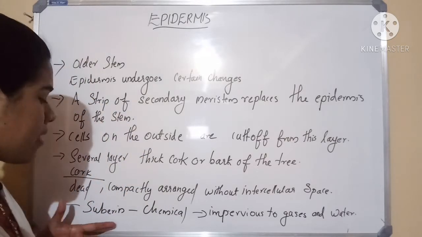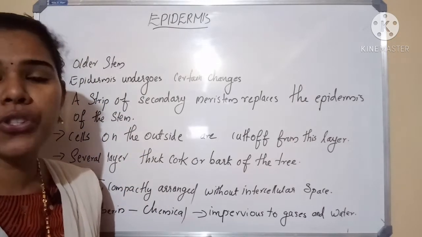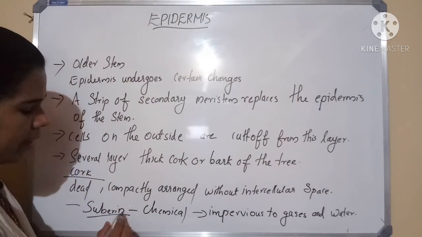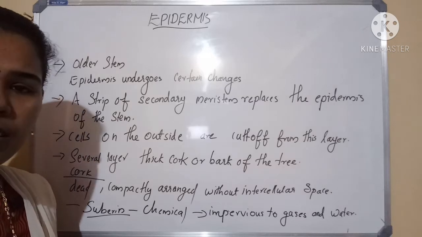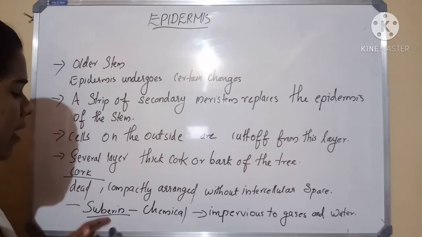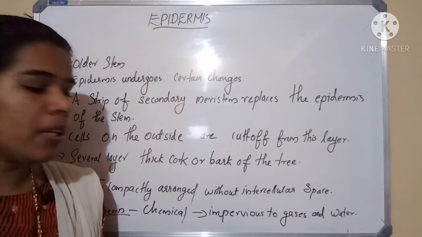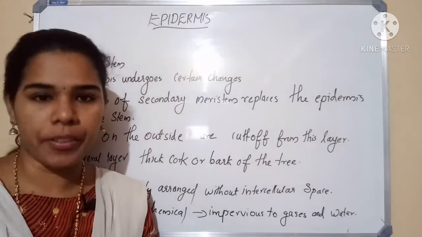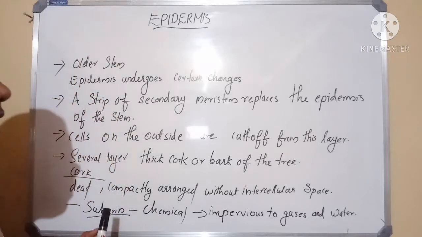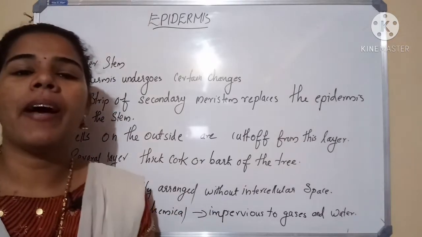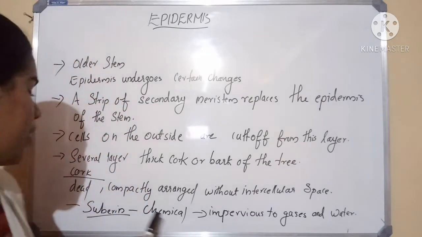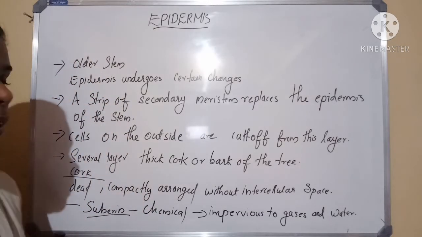And some chemical deposition is also there, which is known as suberin. Suberin deposition is there. This suberin is a chemical which is impervious to gases and water. So bark does not allow the passage of gas and water because of the presence of this chemical suberin.